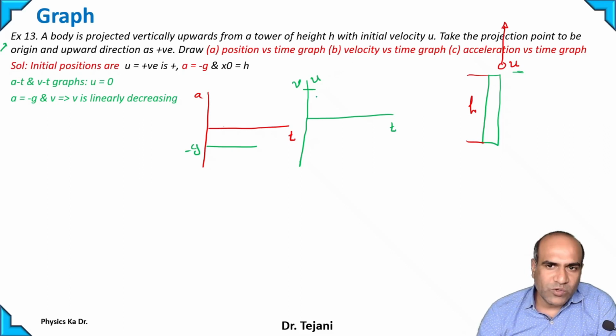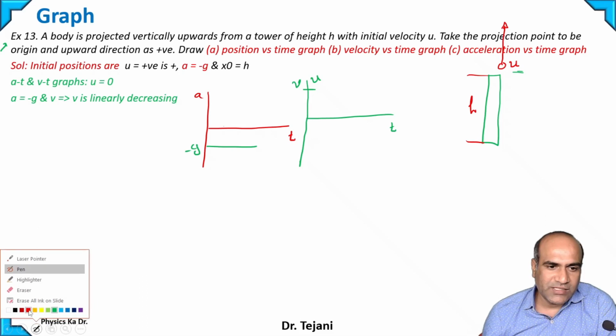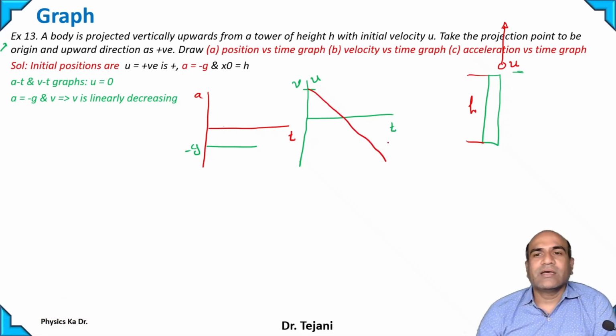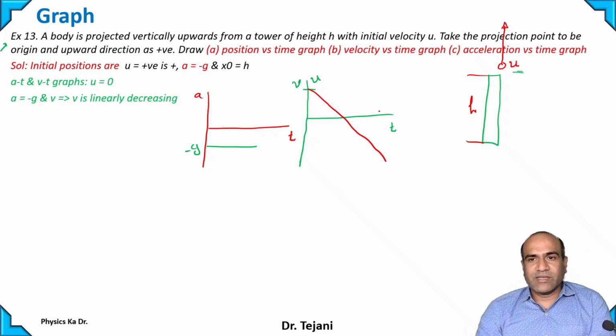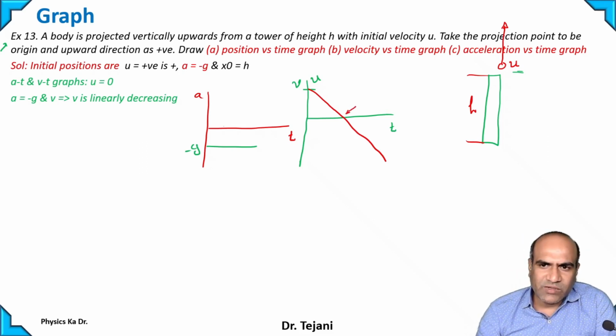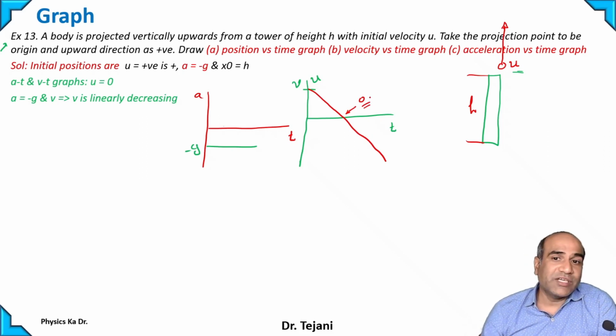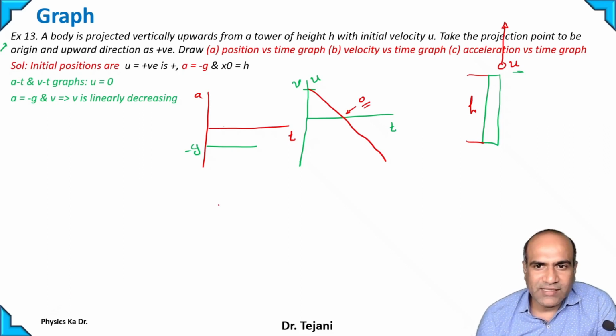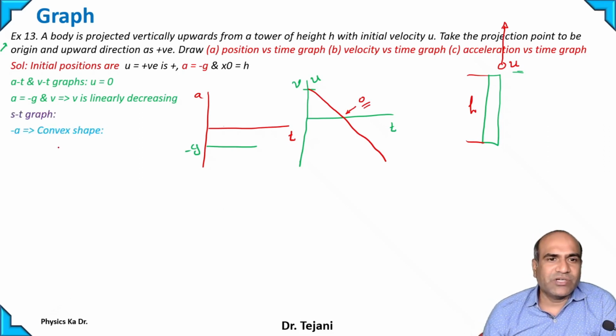So velocity should decrease with time. Somewhere it becomes 0, and then in the opposite direction it increases. Then what next? Acceleration is negative, therefore the shape is convex, and we need to check that initial u is positive.